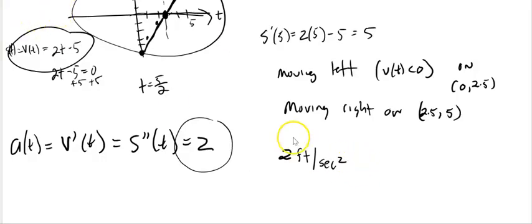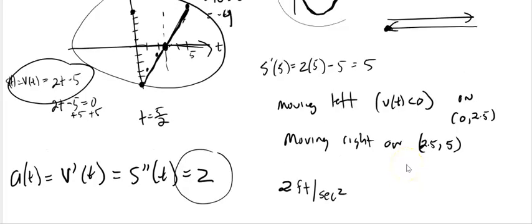It's moving to the left, but the acceleration is positive. So when it starts moving this way, it's actually slowing down. You can think of it as the momentum going this way, but it's slowing down to the left, and then it stops at this position.